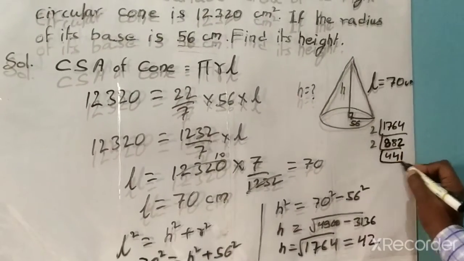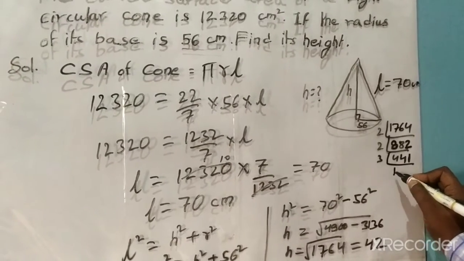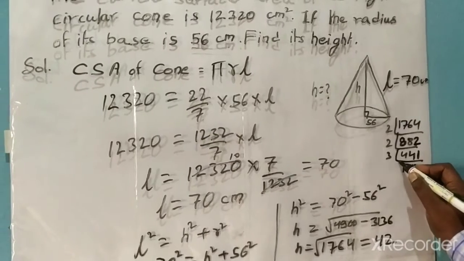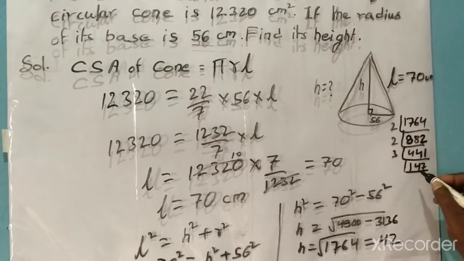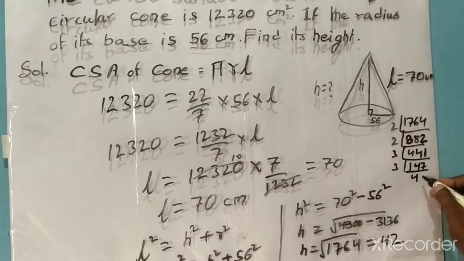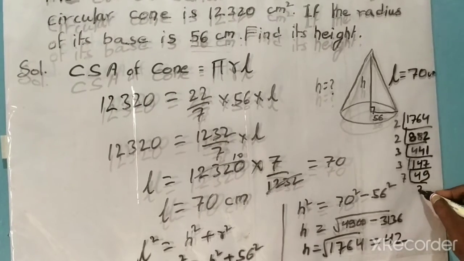Now by 3 we can factorize it, this becomes 147, then 49, then by 7 it becomes 7.